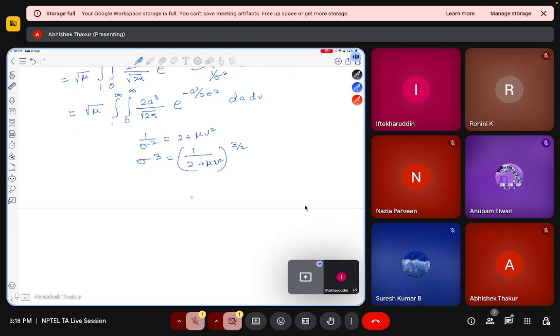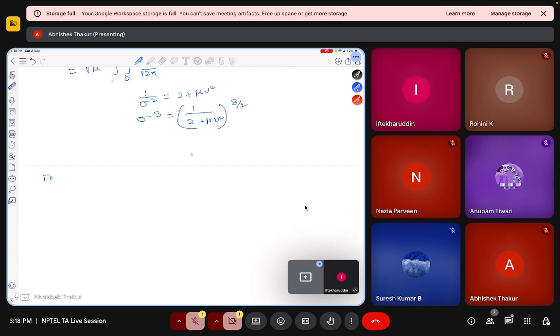And we also know that for a Gaussian, the integral over minus infinity to plus infinity of t square by square root of 2 pi sigma square e to the power of minus t square by 2 sigma square dt is given as sigma square. Okay, so this property we will use.